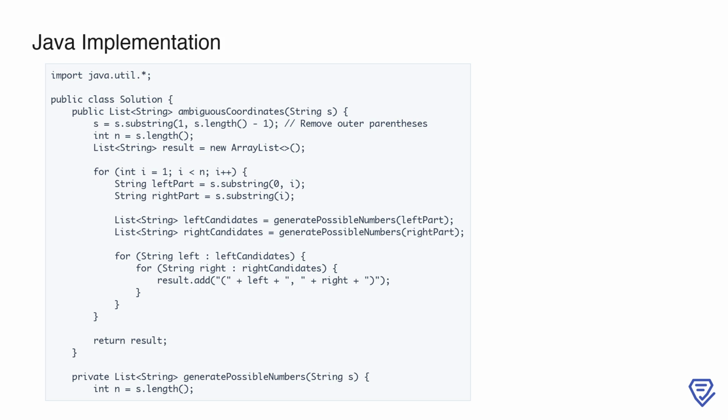For each split, the left part represents the substring before the split point, while the right part represents the substring after it. These parts are then passed to the helper method generatePossibleNumbers, which generates all valid numerical representations for each part. Once we have the valid numbers for the left and right parts, we combine them in the format (left, right) and add them to the result list. This ensures we systematically explore all potential coordinate pairs.